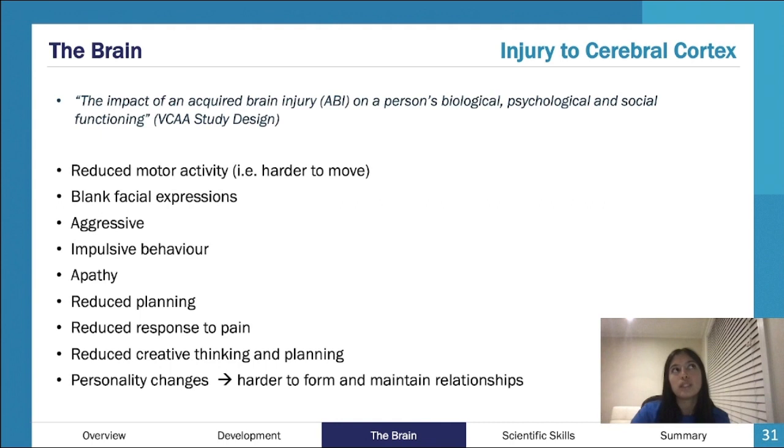It really depends where the brain damage is, the extent of the brain damage, how old the brain damage is, all that kind of stuff. You can see a lot of things: reduced motor activity, reduced planning, personality changes. Again, think about your lobes. Think about if a brain injury was in your occipital lobe versus your frontal lobe, what the damage might be.